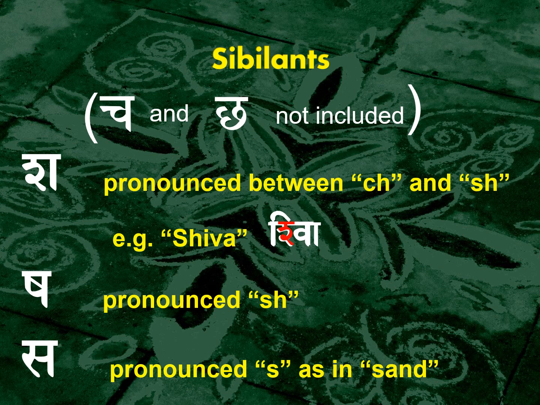The true S is found in sa. It is pronounced with a sharp S, as in sand or sinister. There is no sound like a soft S or Z in Sanskrit, as in ease or zoo.